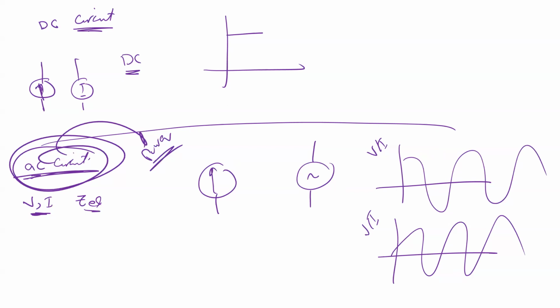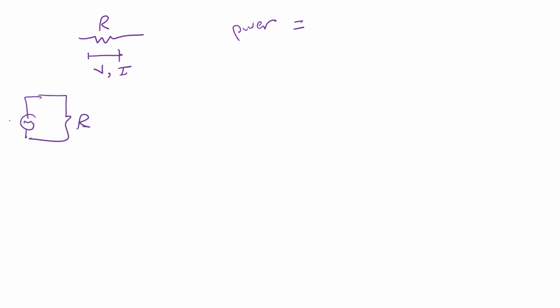You will see for sure some similarity to what we did before. Also, there are some differences. So I just want to remind you what we did before. For example, if you have a resistance R, a voltage V, and a current I, you remember we said the power equals V times I. Or it's the same thing, because V equals IR.